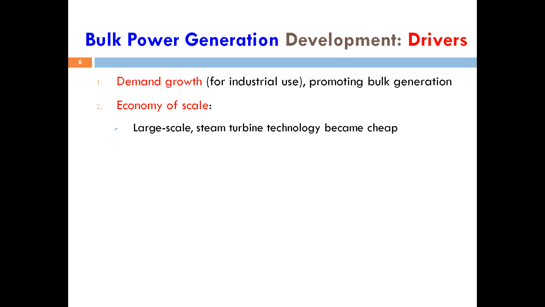So this naturally promoted the setup of large-scale generation stations. Another driver was the availability of large fossil fuels, which are the main fuel that is used in thermal generation. So this again promoted the development of bulk power generation.